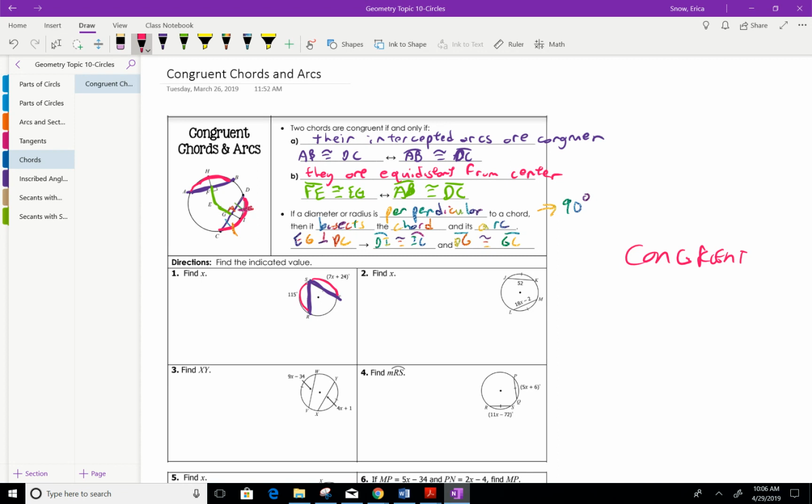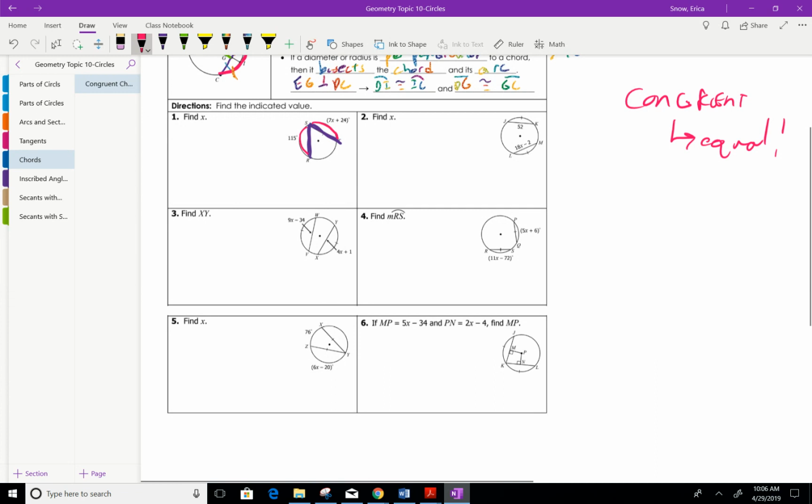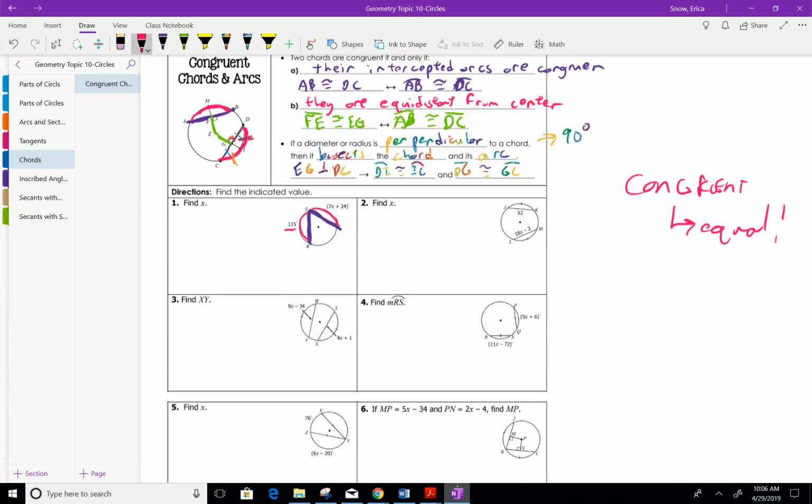So you have to remember that. Congruent, equal. So those chords are congruent, so we're going to set the 115 equal to the 7x plus 24. 115 equals 7x plus 24. So we get 91 equals 7x, so x is 13.